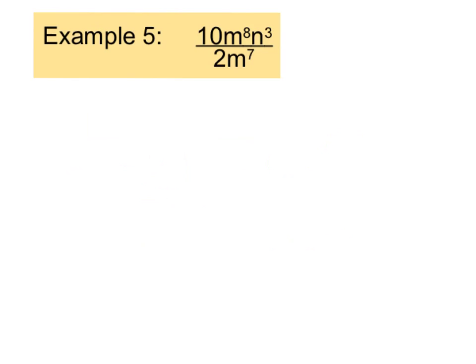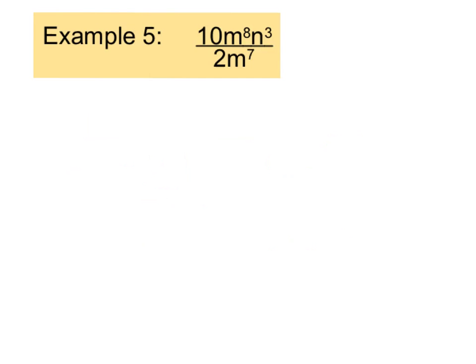Let's take a look at one final example. I'll call this one the Mac Daddy for today. Looks the most complicated. We have a lot going on in this example. Please write this down. With a problem like this, I like to divide and conquer. Divide not just because it's a division problem, but to separate into categories.